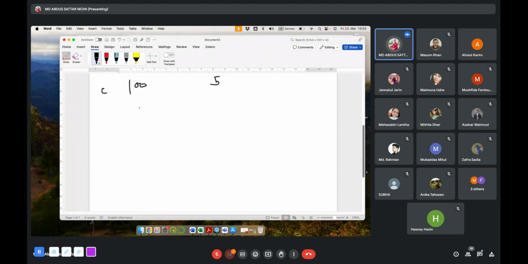So let me calculate, let's take one of the points. At point C, the rice production is 60, and at point C fish is 50.